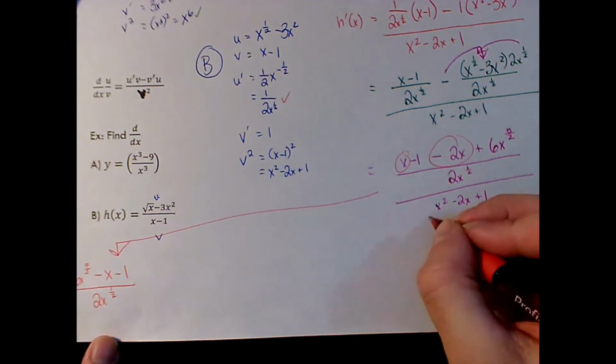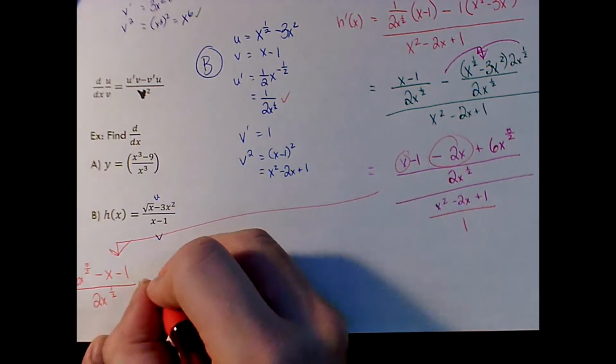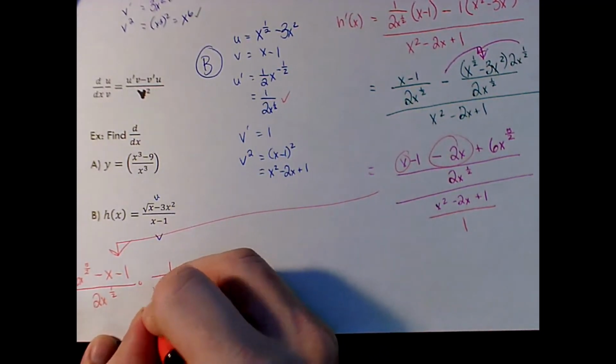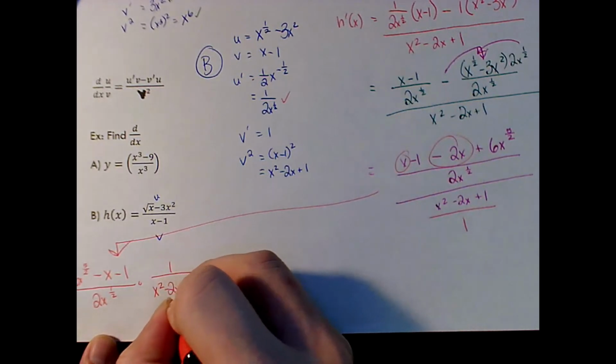And what I'm going to do is I'm going to set that guy over 1 and multiply this guy by 1 over x squared minus 2x plus 1.